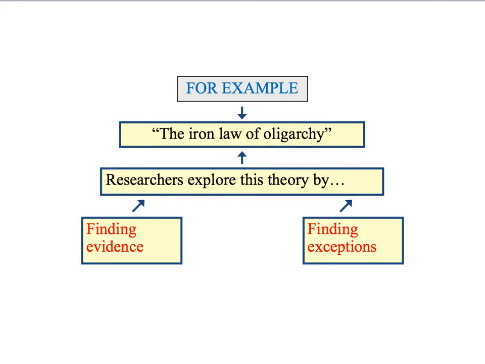And what this theory states is that there's an inevitable tendency in all political systems for a small group of leaders to gain control and to use their power in their own interests rather than the public's interests. Now, researchers might want to explore this theory by firstly finding evidence that seems to support this explanation of power within political systems, but to really test this theory, they would also probably want to see if they could find exceptions, see if they could find examples of political systems where this iron law of oligarchy is not the case.